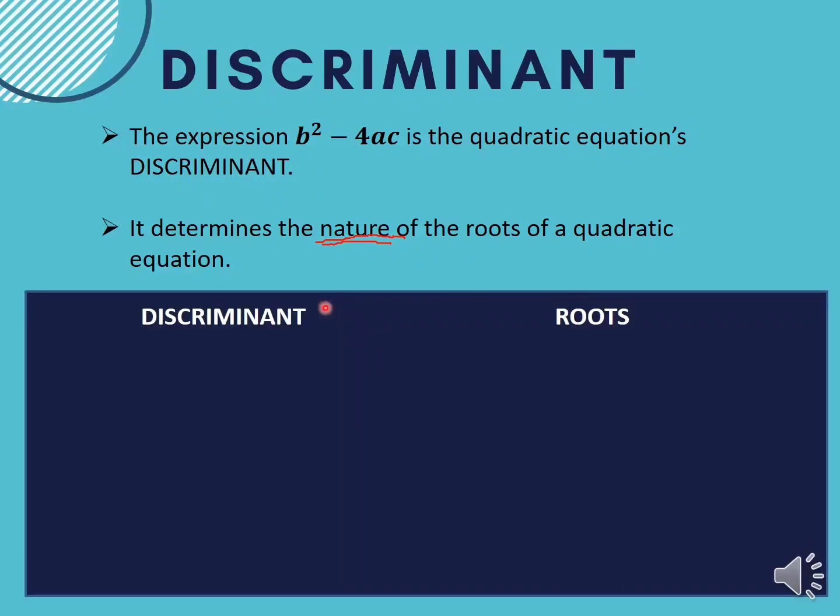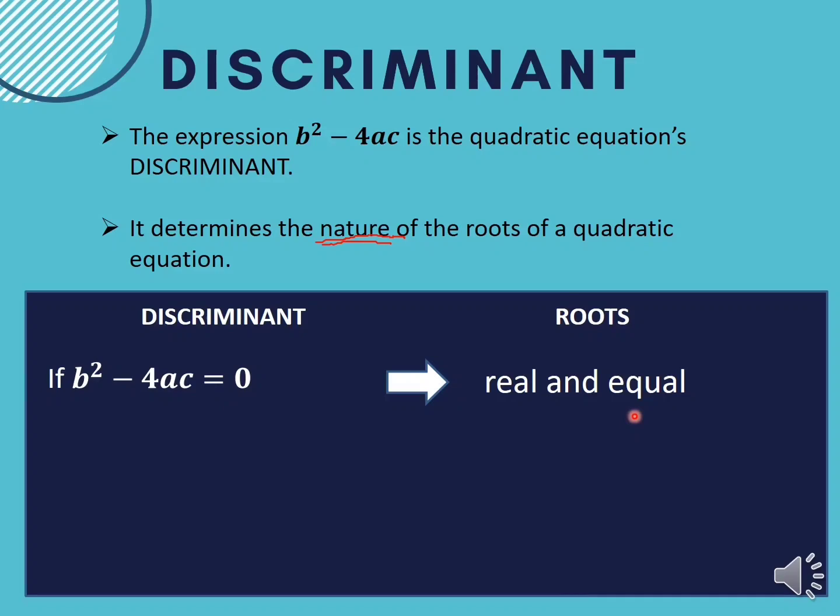Now, let's say if we have obtained a discriminant, or the value of b squared minus 4ac, equal to 0, then meaning to say, the roots are real and equal. What do we mean by equal? Diba in solving a quadratic equation, we can have at least two roots or solutions. Kapag 0 yung value ng discriminant natin, we can have equal roots.